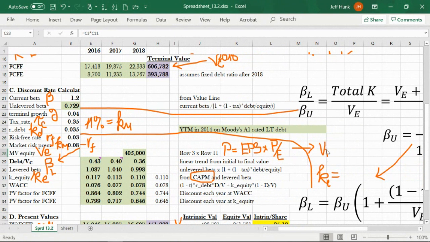It becomes value of equity equals EAT times price earnings ratio.